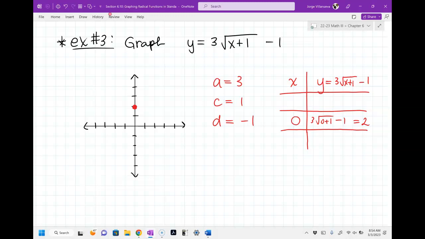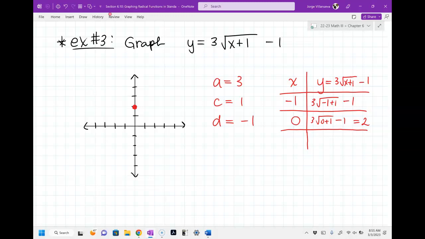Okay, 0, 2. All right. I would have actually started at -1. Now you might say, well, wait. You said I shouldn't have negative numbers in the square root. Well, that's true. But if I plug in a -1, 3 square root of -1 plus 1 minus 1. What's -1 plus 1? 0. And what's the square root of 0? 0.